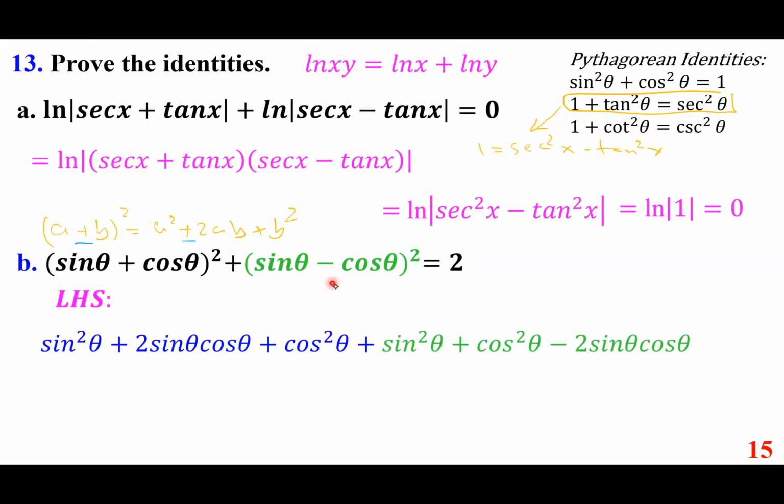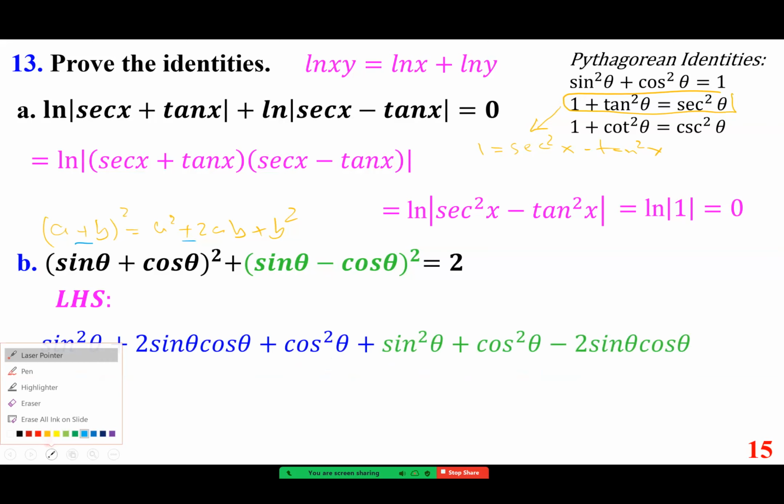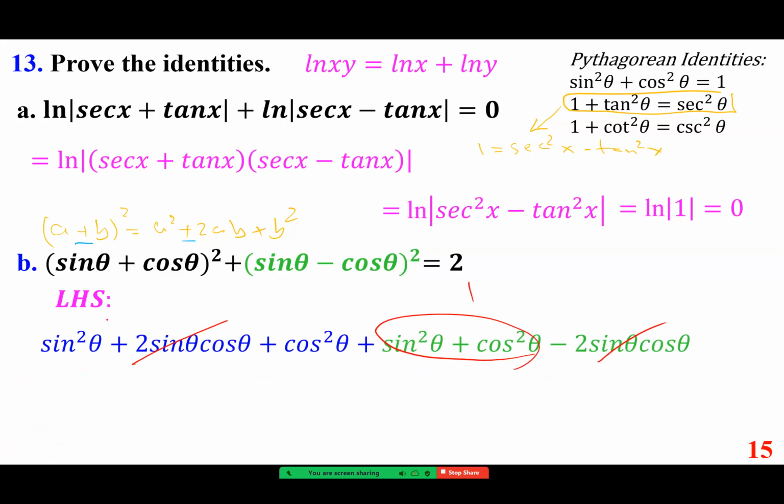Now, these two cancel each other. This is 1, so is the other one. Or you can say 2 times (sine squared plus cosine squared), which is 2 times 1, which is 2. So that's a proof, everybody.